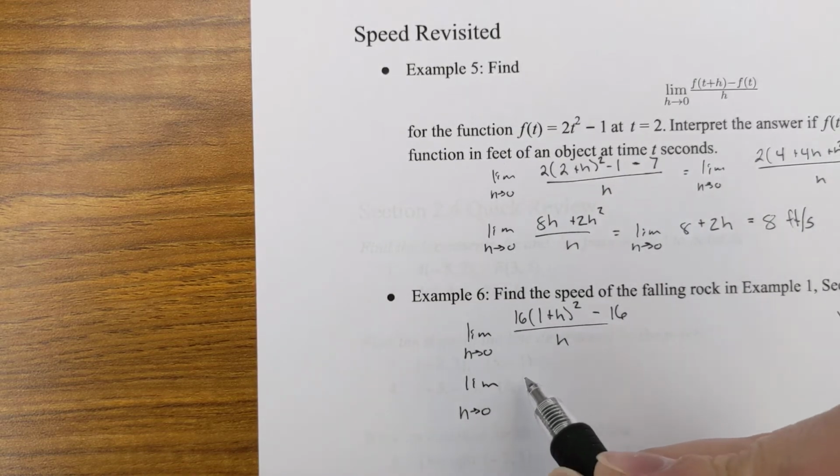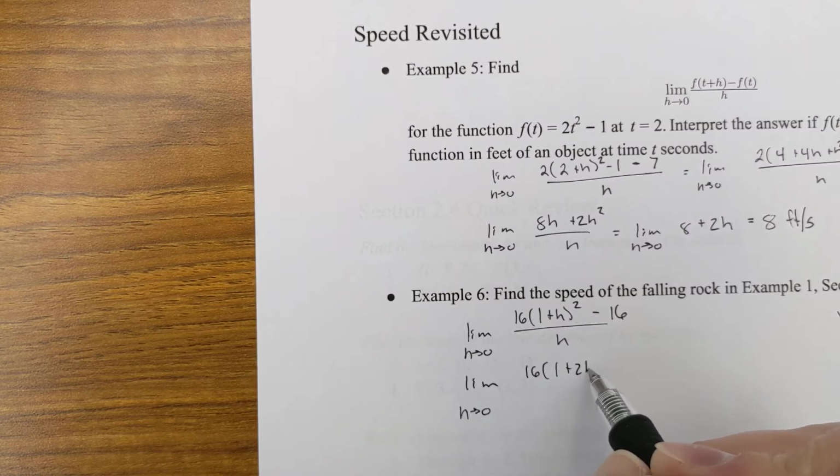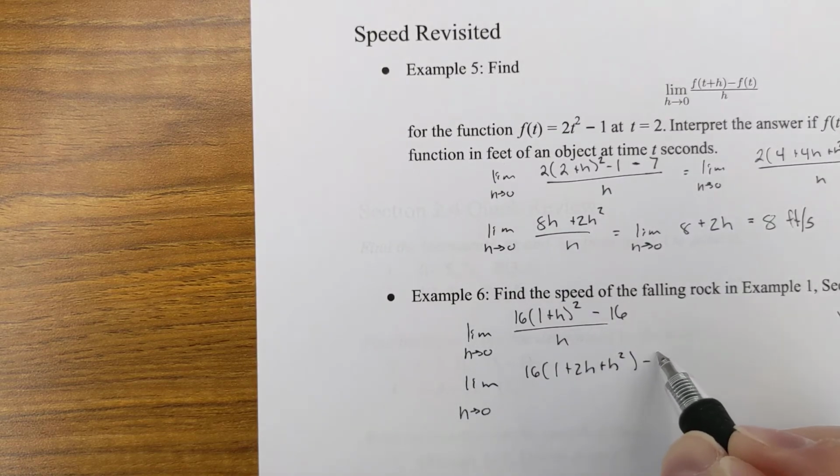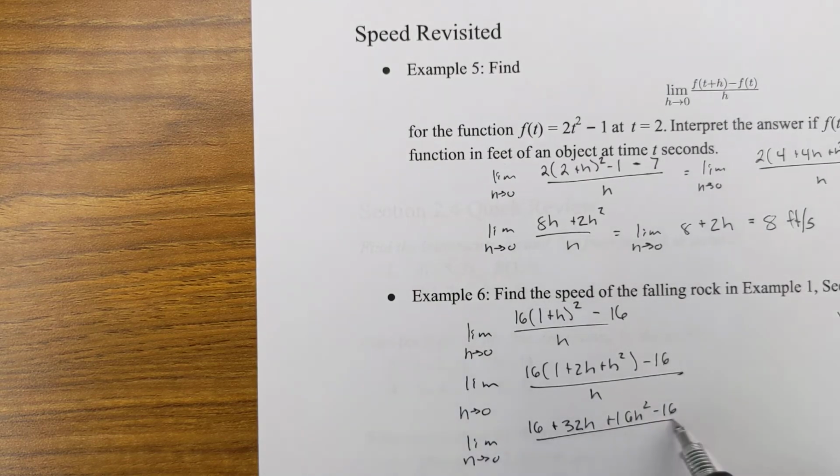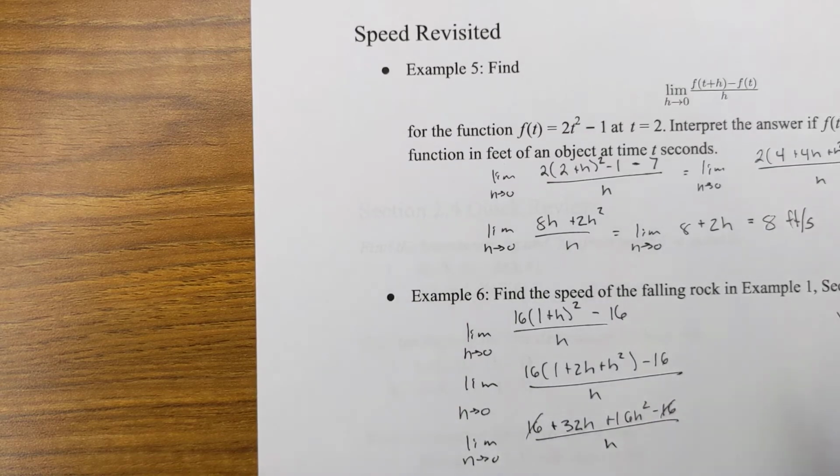So limit as h goes to 0, so 16 times 1 plus 2h plus h squared. That's doing the FOIL. Do your distributing. If you've done it right, the numbers should cancel.